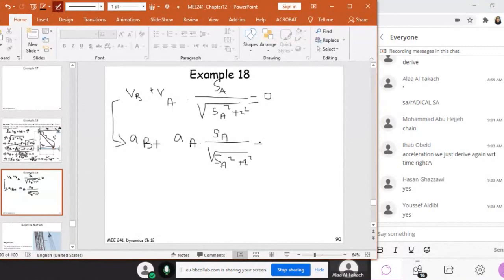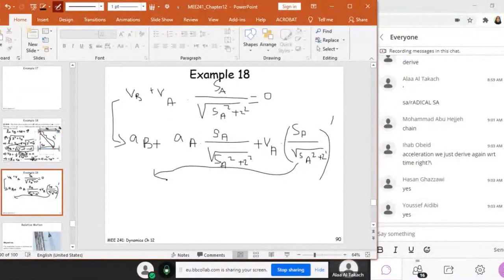And then, guys, I should do the derivative of this ratio. So it's VA times the derivative of this ratio, SA over radical SA squared plus 2 squared prime. And how to do the derivative of this ratio?